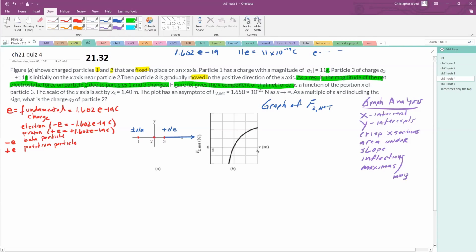You might be at this point now, but when you're given a graph, it should just trigger a chain reaction of stuff to look for.